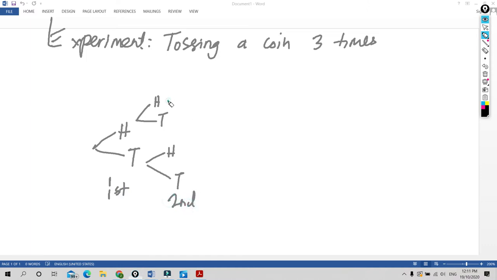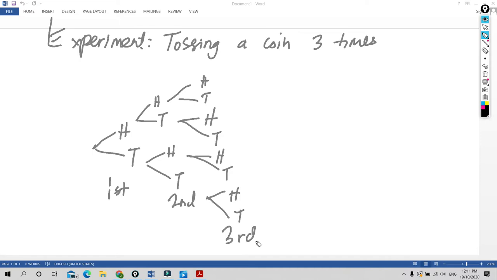The third one, you can get either head or tail here, this one also head or tail, this part head or tail, and here head or tail. This is the third experiment, third outcome.